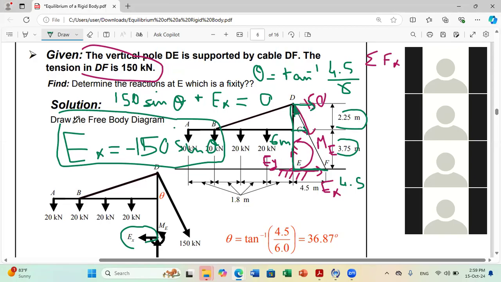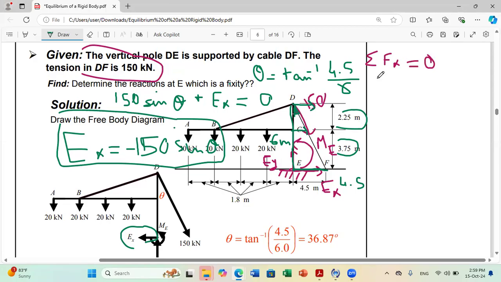Now, second step, I can write sum of y equals 0. I should project all forces along the y direction. What do I have? If I consider y to be positive up, I have plus EY, and you have minus 24 times 1, 2, 3, and 4, so minus 80 kilonewton.